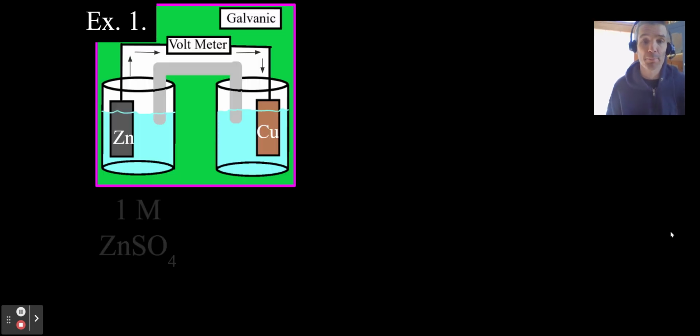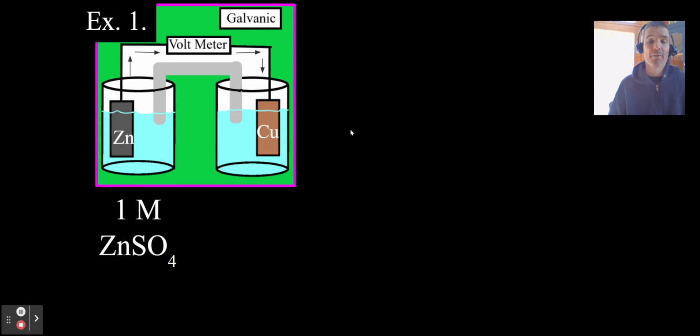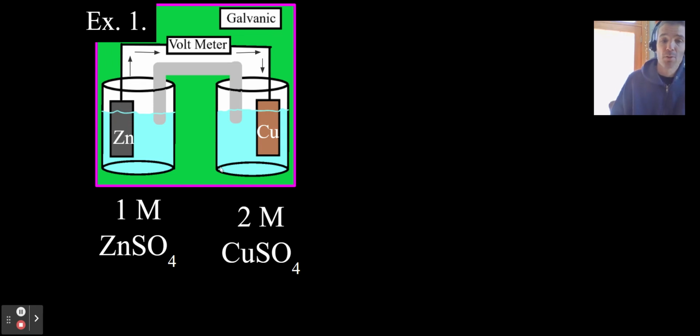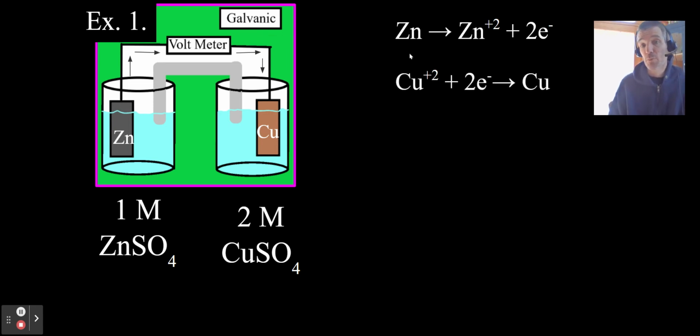Right, let's look at an example. Here we've got a galvanic cell where my anode is zinc, copper is my cathode, and I have these two things each in their respective solutions. So look at your equations. You've got to know your equations. This is the oxidation.